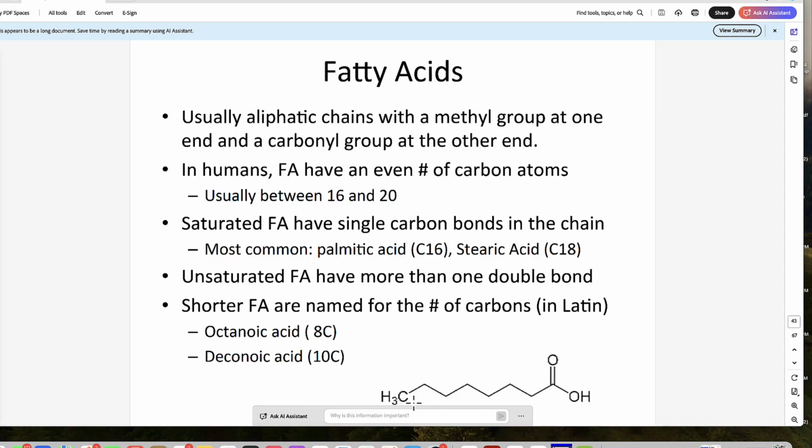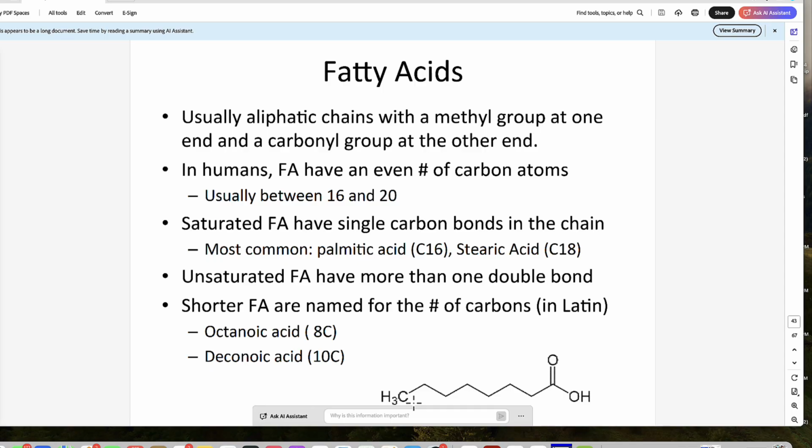We can further classify them as saturated versus unsaturated. Saturated fatty acids have only single carbon bonds in the chain. The most common are palmitic acid and stearic acid. Palmitic acid has 16 carbons, stearic acid has 18 carbons.